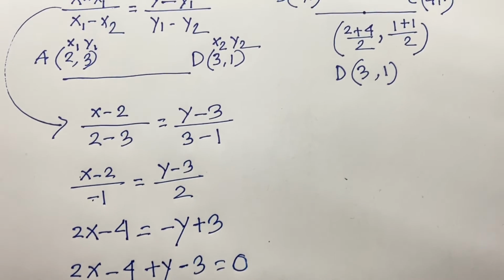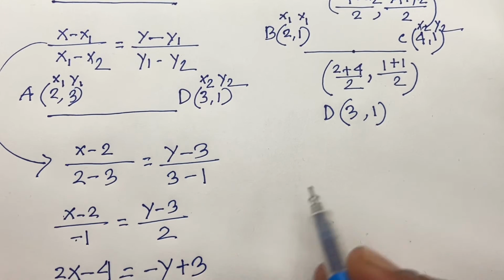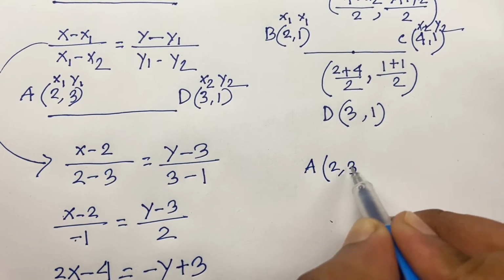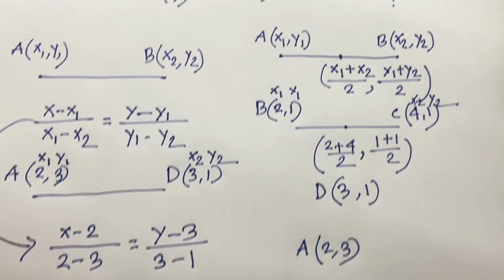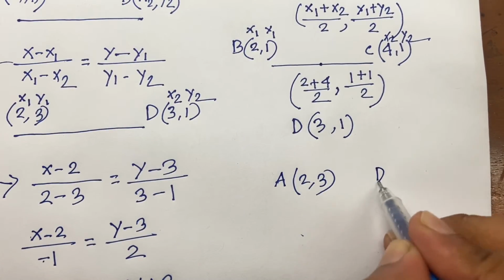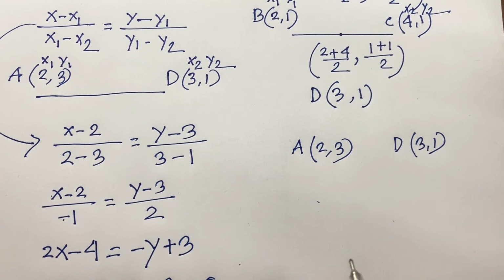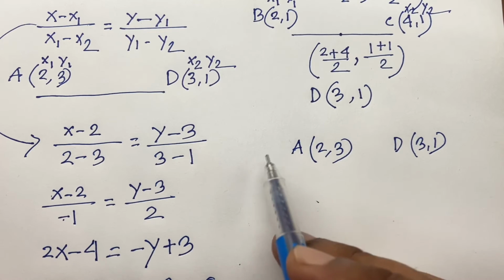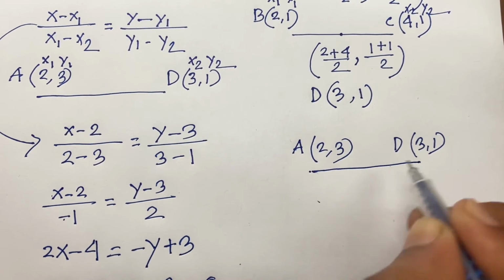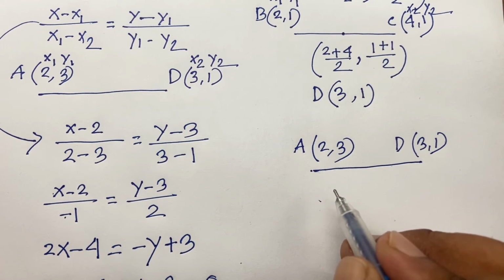But if you solve these questions by another method, look, we know that A is (2, 3) and D is (3, 1). Now I find the slope of these 2 points. I join both points, so it is a straight line. Now we find the slope, the gradient.